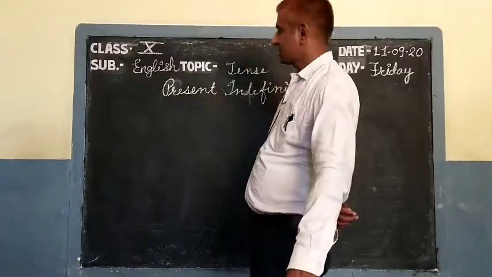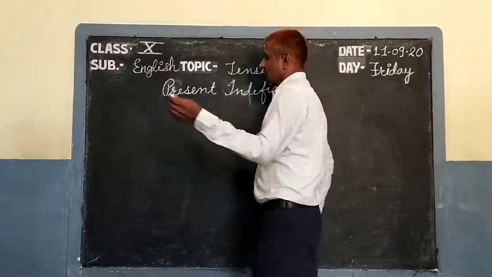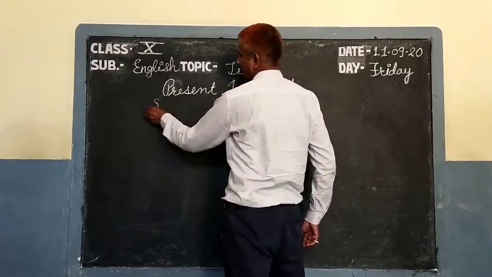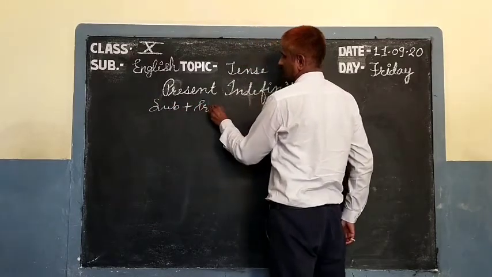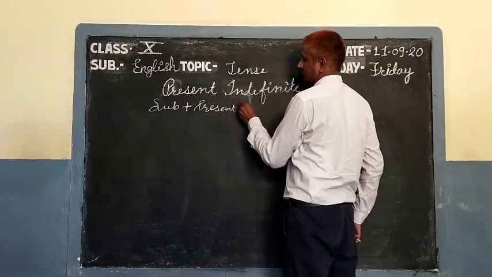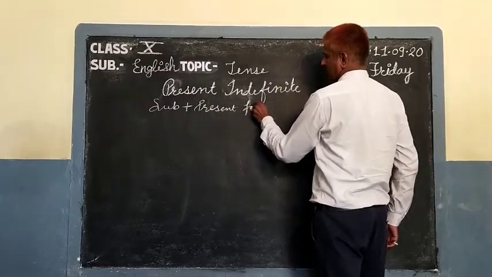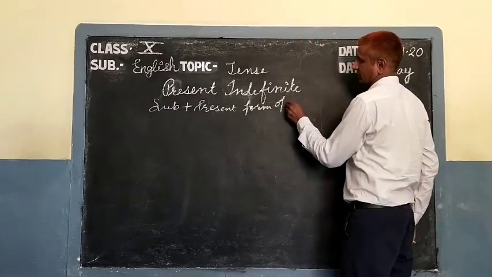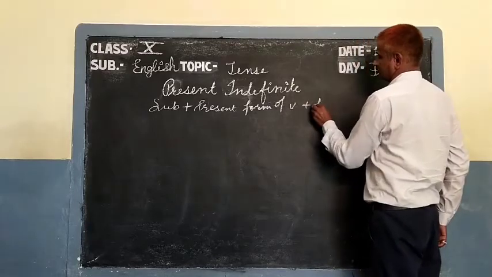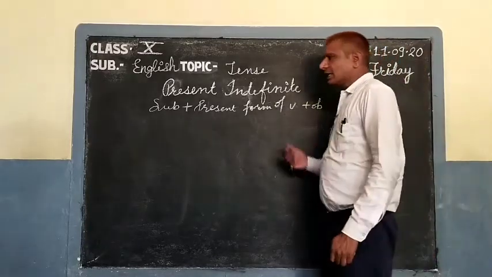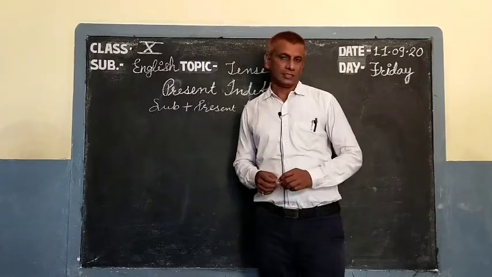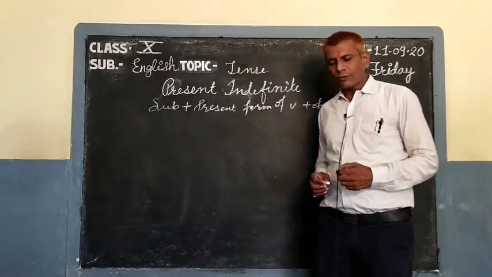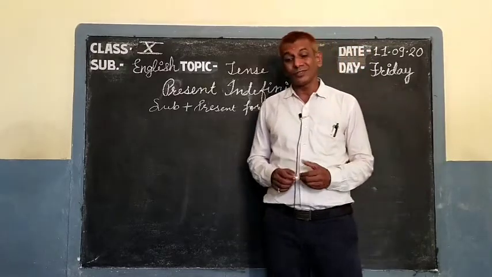I write that structure here once again, so you can revise: subject plus present form of the verb plus object. Well, this is the basic structure of present indefinite tense.